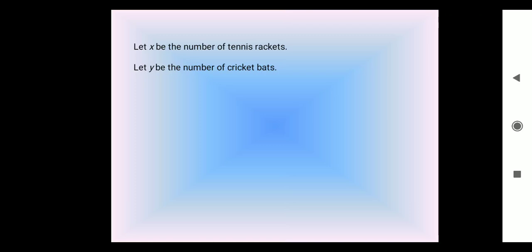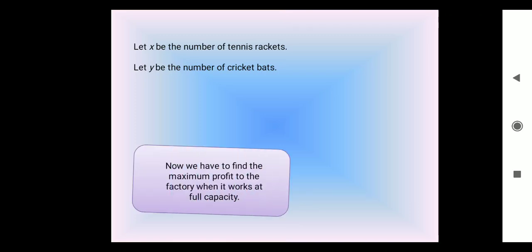Let x be the number of tennis rackets and y be the number of cricket bats that are going to be manufactured on any day at full capacity. Now we have to find the maximum profit to the factory when it works at full capacity. This is our objective, to find the maximum value of the given linear objective function, that is maximum of z.